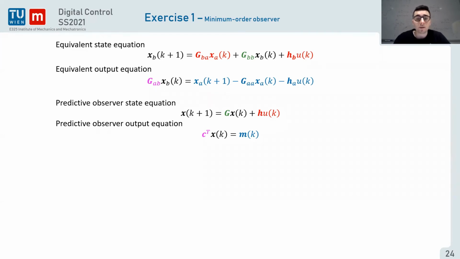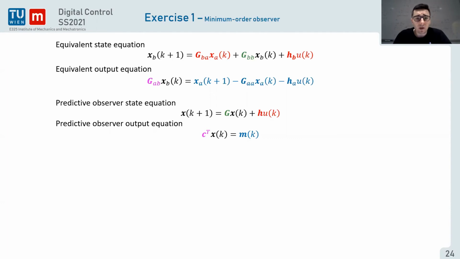So the input, how the input is changing this state xB. Except now this input is not only u, but it's everything else than xB. So it's u, and it's also our xA. So the state that I measured can also change xB.